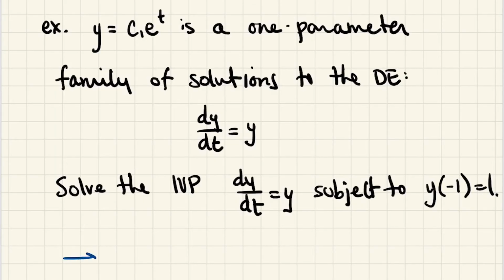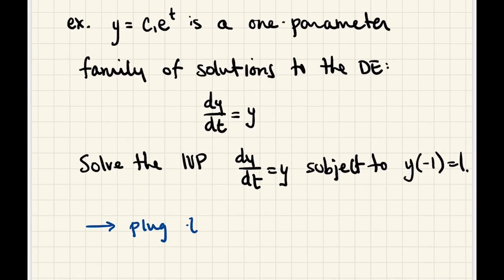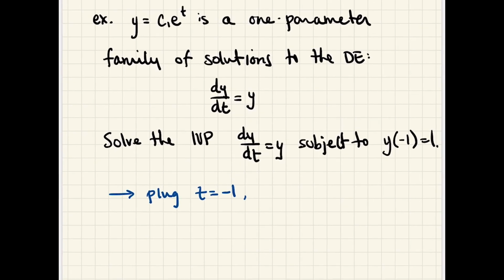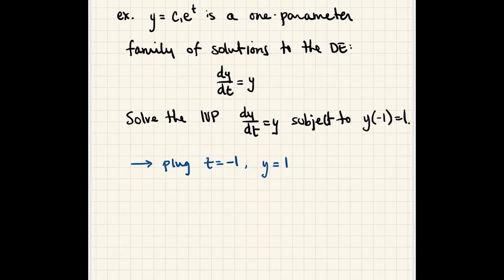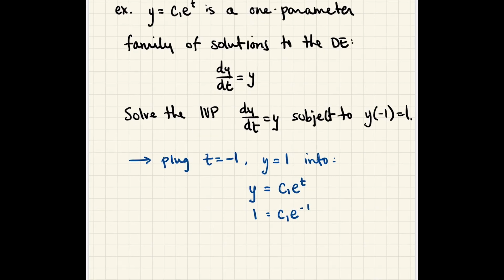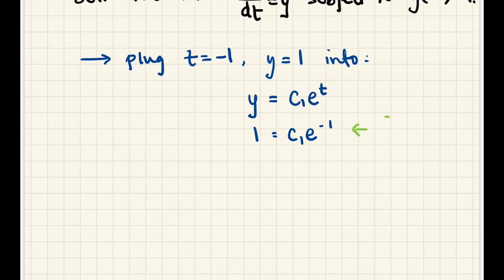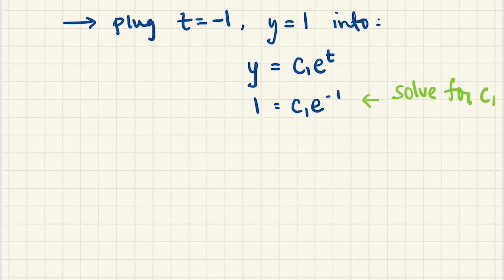So of course we're just going to plug t equal -1 and y equal 1 into the family of solutions, or the general solution. So that's y equals c1 e to the t, and with y being 1 and t being -1, we now just have to solve for c1.